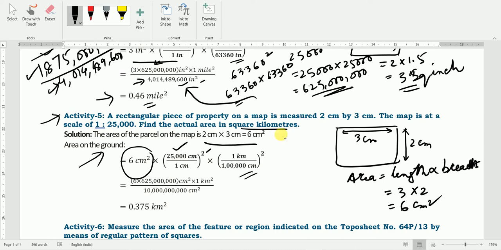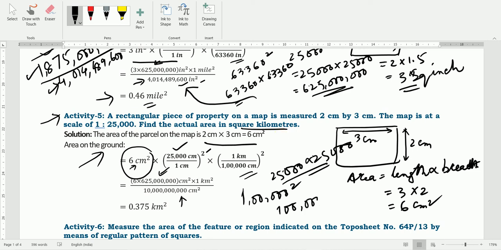So this is 625 million, the value of this, as we indicated earlier. Now 25,000 into 25,000, and this is to be multiplied by this 6 centimeter, to be divided by this value, that is 1 lakh square, that means 1 lakh multiplied by 1 lakh.